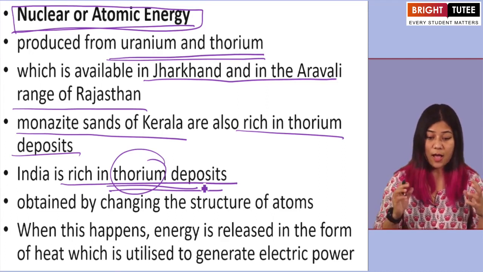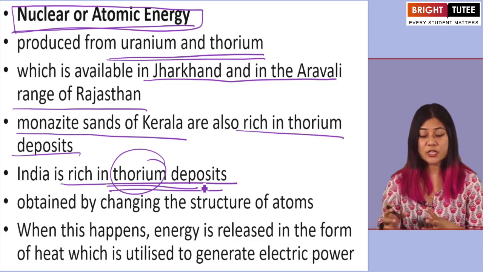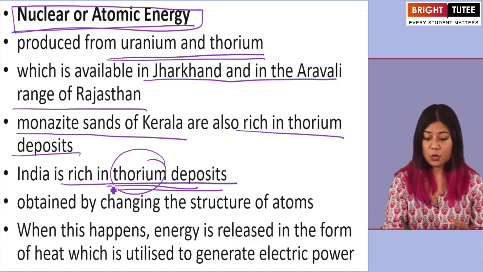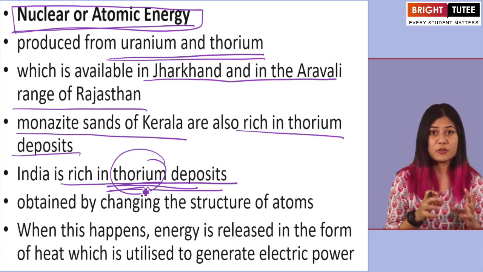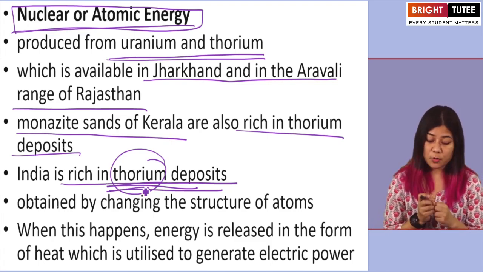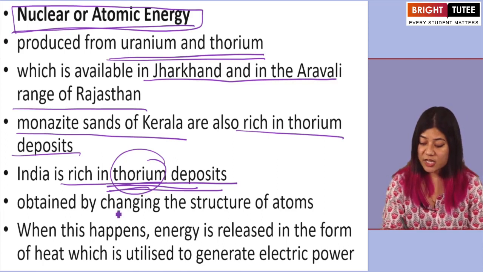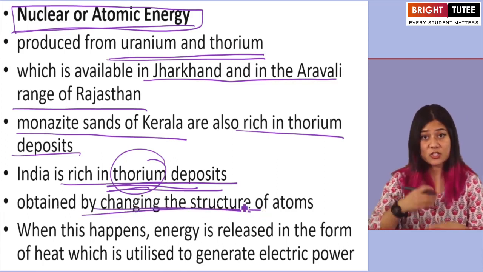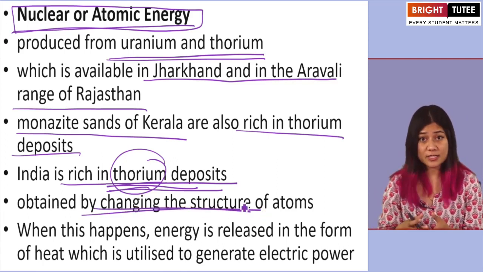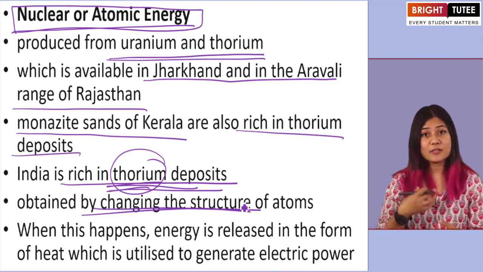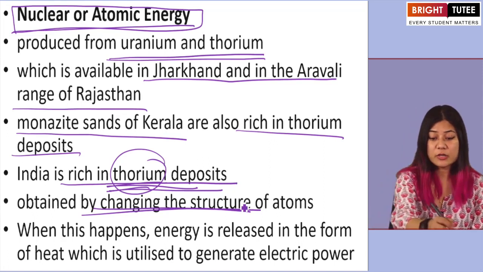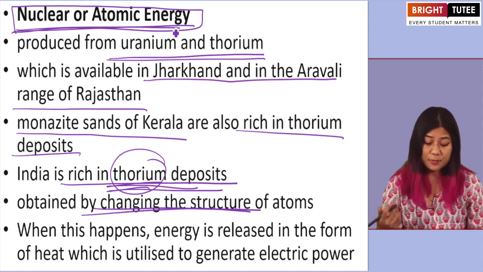Okay, now how is nuclear or atomic energy produced with thorium or uranium? Thorium and uranium are obtained from the deposits and they are then changed in the structure of their atoms. As a result of this change, nuclear or atomic energy is produced.